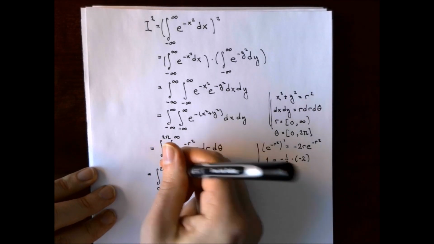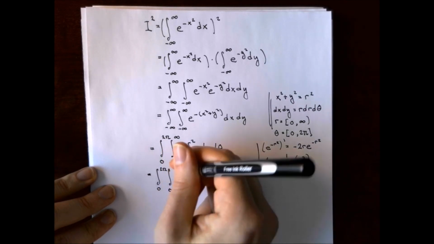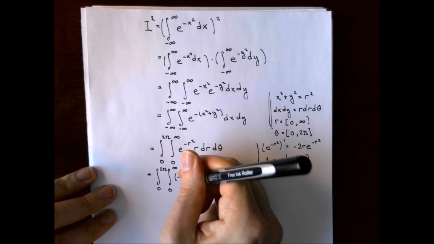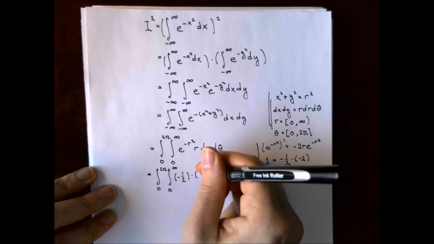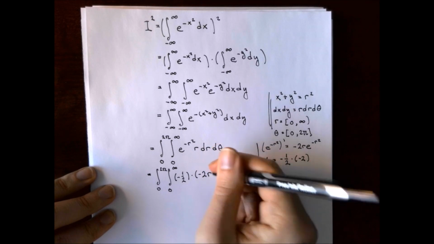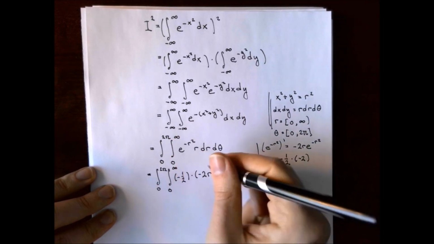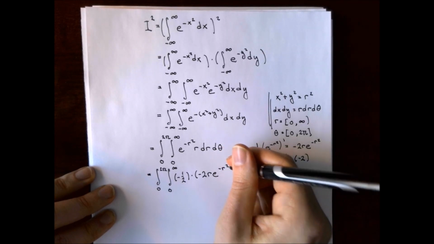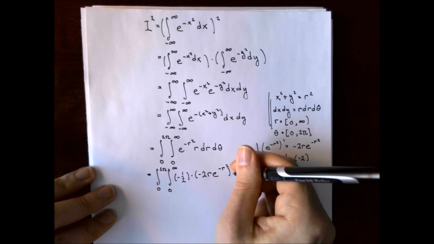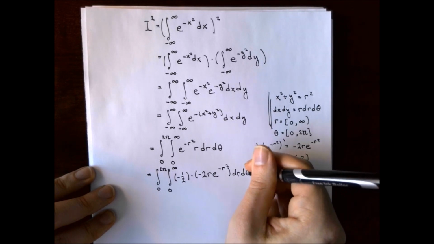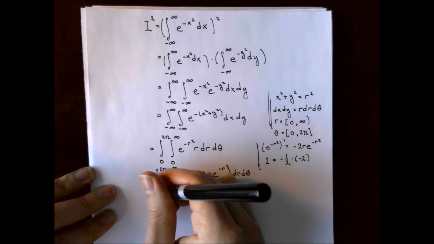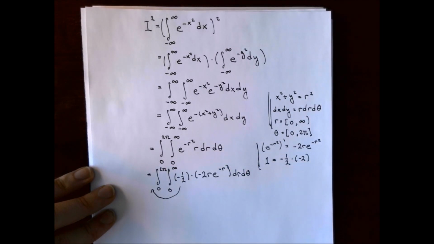So we get minus 1/2 times minus 2r, so I'm just bringing this r to the front, times e to the minus r squared dr d theta. So what we're going to do is take this minus half out of the integration.